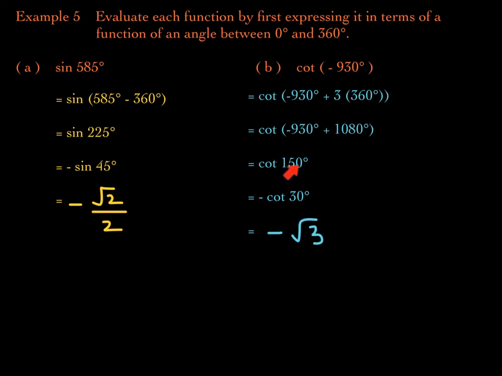Now, 150 degrees is in quadrant 2. That's important because cotangent is negative in quadrant 2. That's the reason I have a negative sign here. Make sure you have it as well. The reference angle for 150 degrees is 30 degrees. And we know cotangent of 30 degrees is root 3. So our final answer is negative root 3. Good job.